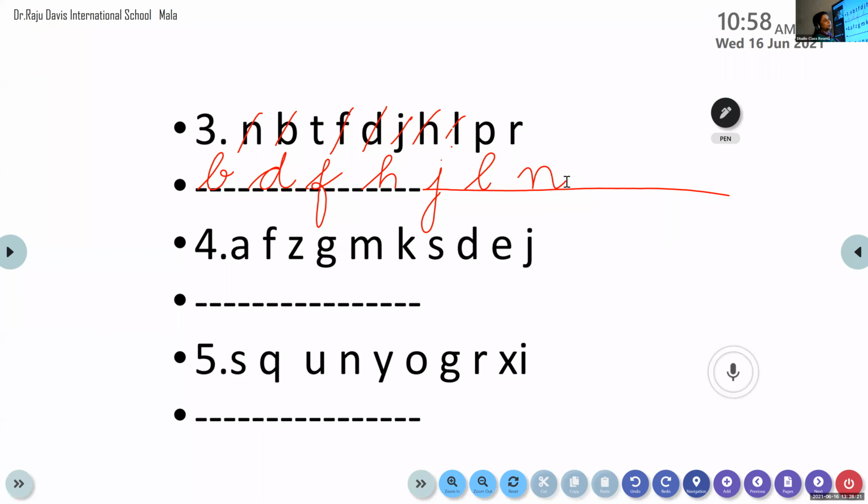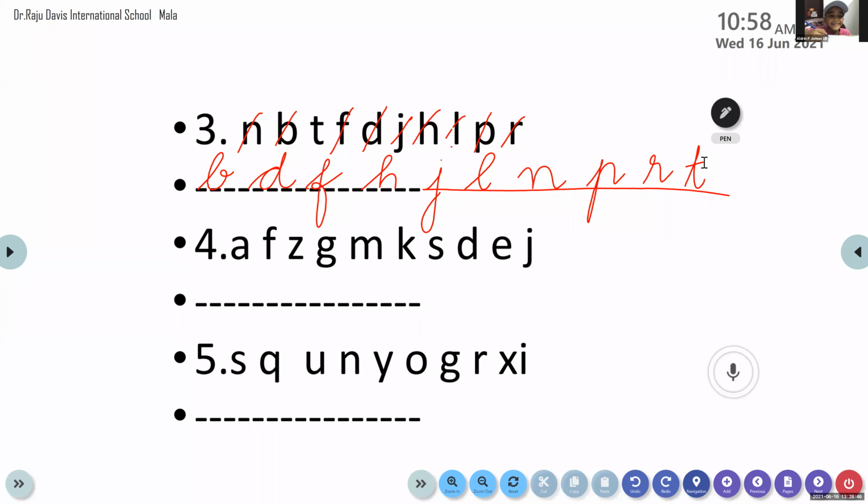M, N. P. Yes, very good. P. So before you write it, please see that you strike away the P. R. Yes, R. Very good. Then finally, we have one more letter there. Which is that letter, Aldrin? T. Very good, Aldrin. Great job.